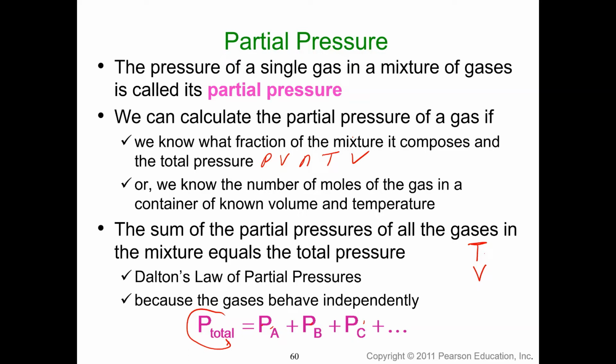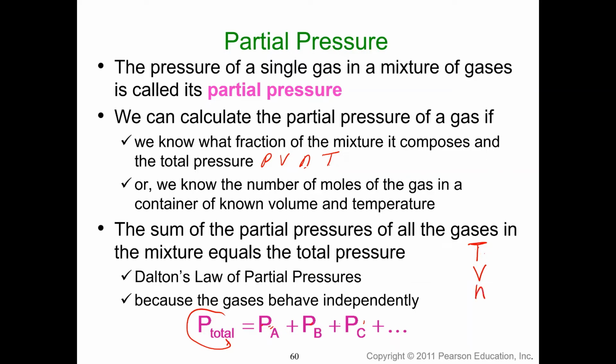We don't say variable because it's constant. But pressure, volume, moles, and temperature are the variables here. I think I mentioned the volume one more time here. Now you see these two, how they are the same for all these individual gases.